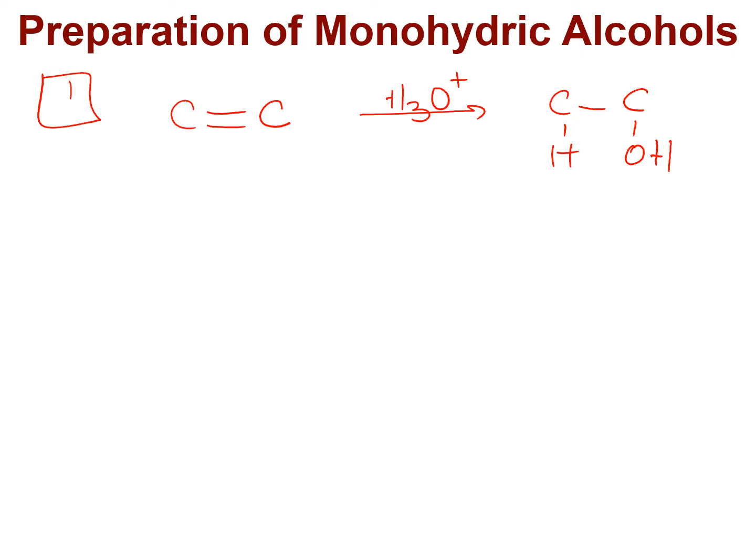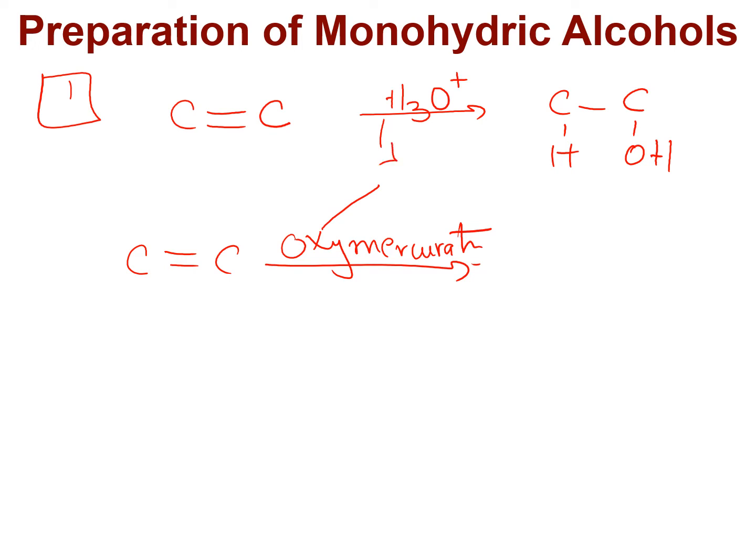So first of all, we said that if you have an alkene, you can add a molecule of water and you end up with the alcoholic compound. You can use the regular hydration. You can use the oxymercuration, demercuration. Both these methods are Markovnikov additions, where the H goes to the carbon that has more number of hydrogens.